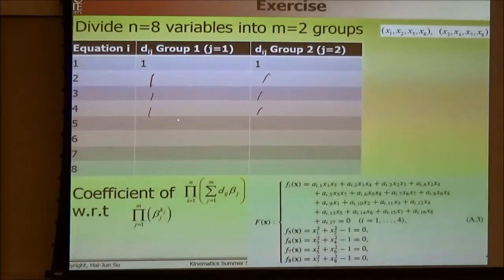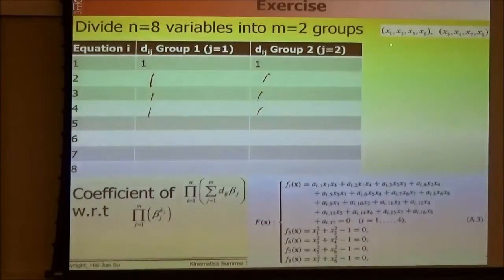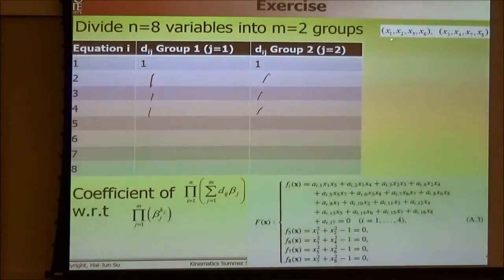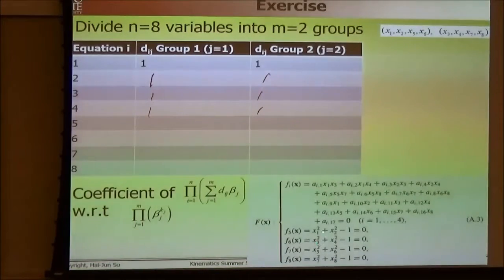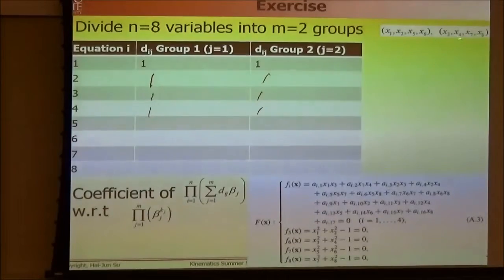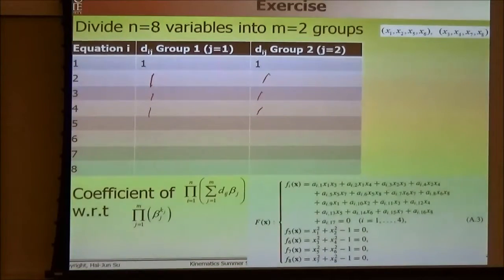It's 2, with respect to this group, meaning if I only consider these as the variables, then the degree of this polynomial is 2. How about the degree of this polynomial in terms of the other variables? It's 0, I don't have any term in those.